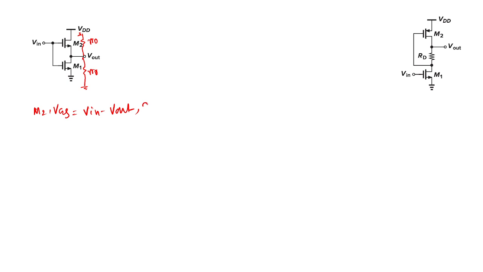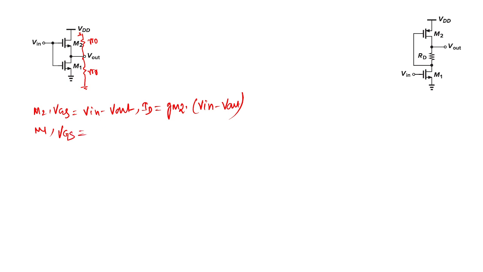So the current ID becomes GM2 into VGS, which is Vin minus Vout. For M1, what is the value of the VGS?